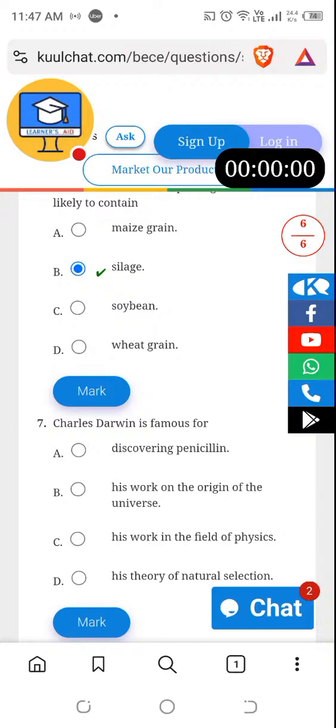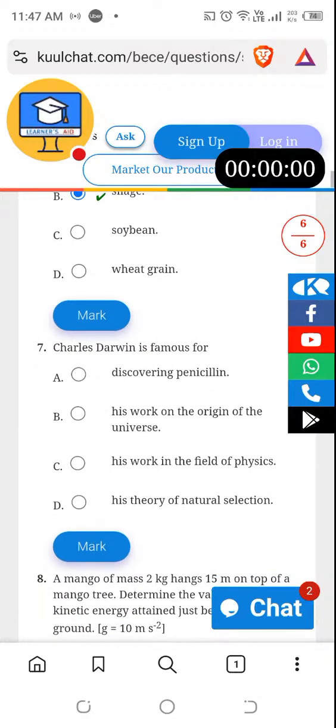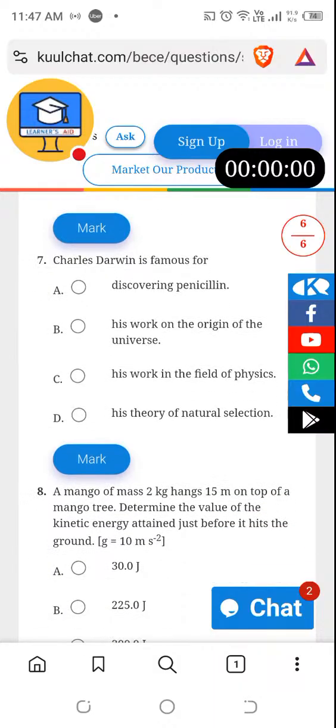Charles Darwin is famous for... So far we've answered 6 questions and we've gotten all 6 correct. Charles Darwin is famous for discovery of penicillin, his work on the origin of the universe, his work in the field of physics, or his theory of natural selection.